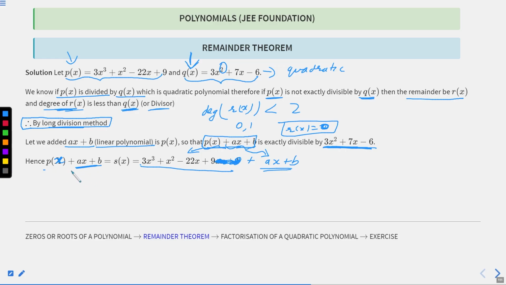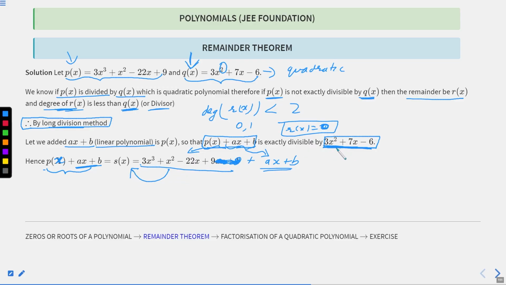Then, as the question said, this will be divisible by the other polynomial, the divisor, which is our quadratic polynomial 3x square plus 7x minus 6. I hope at this stage you are clear. Now I am naming this new polynomial s(x).